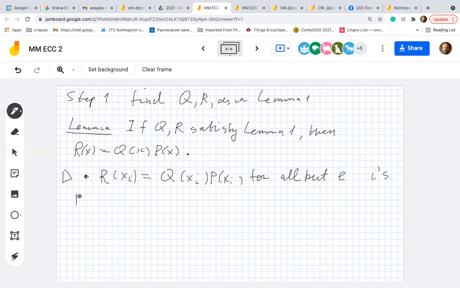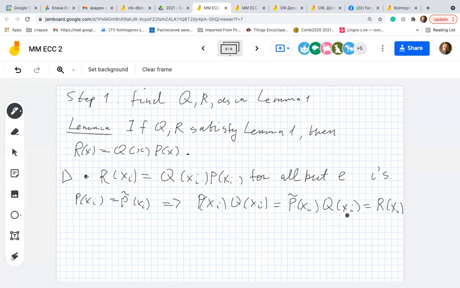Because if p of xi is equal to tilde p of xi, then certainly p of xi times q of xi is the same as tilde p of xi times q of xi, and by lemma 1, this is equal to r of xi, because tilde p of xi times q of xi is equal to r of xi for all i's.